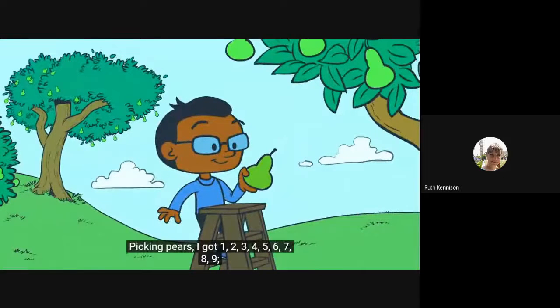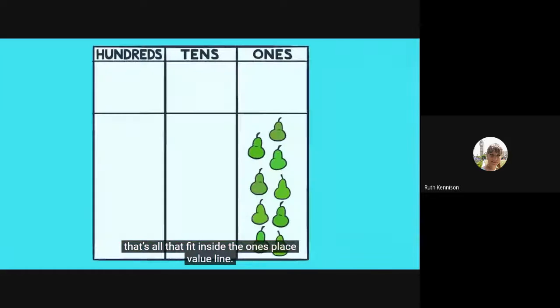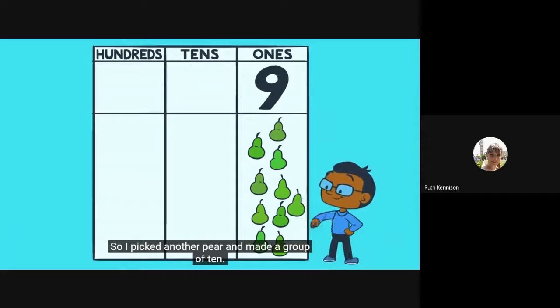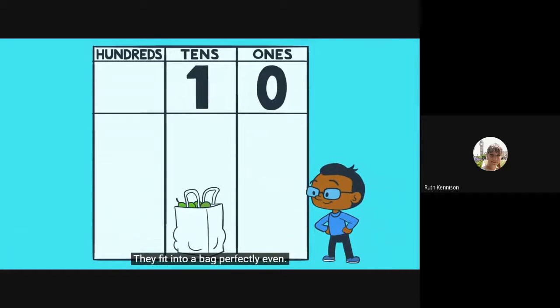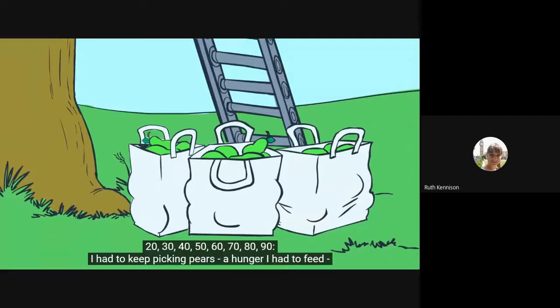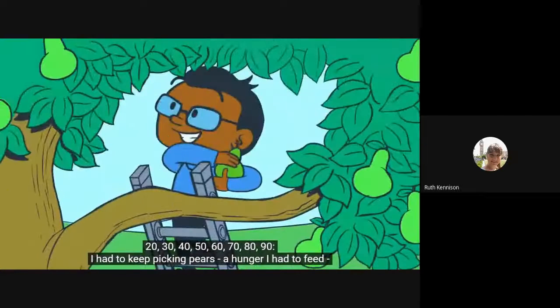picking pairs, I got 1, 2, 3, 4, 5, 6, 7, 8, 9. That's all the fitness I got. One's place value 9. So I picked another pair and made a group of 10. Fitted to back perfectly even. 20, 30, 40, 50, 60, 70, 80, 90. I had to keep picking pairs of hunger I had to feed.